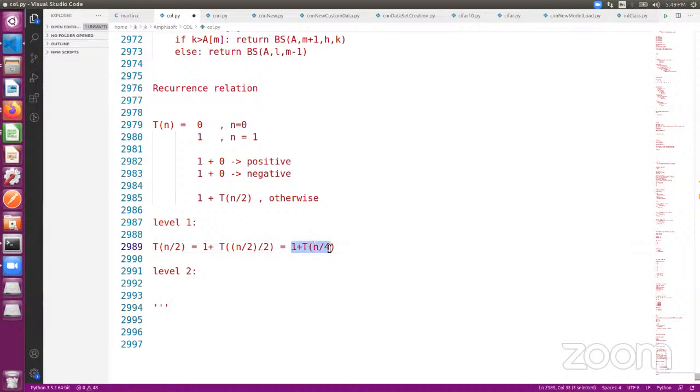So just substitute this over here. Now what happens at level 2? Instead of T of n by 2, I'm going to substitute 1 plus T of n by 4. So 1 plus 1 plus T of n by 4, which is nothing but 2 plus T of n by 4.